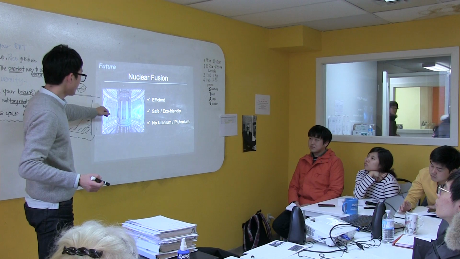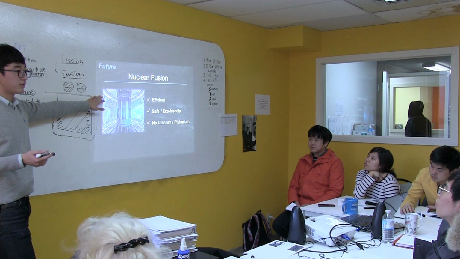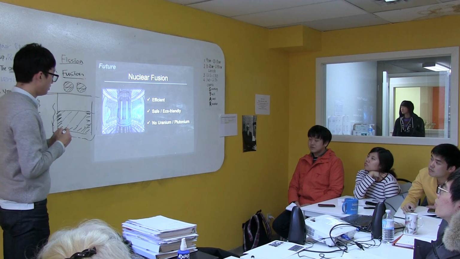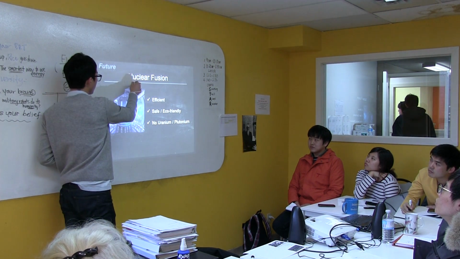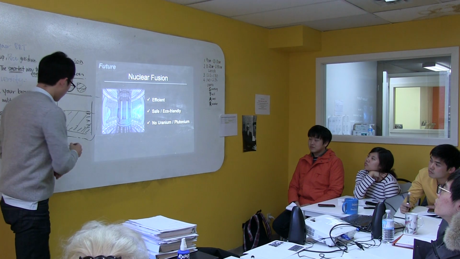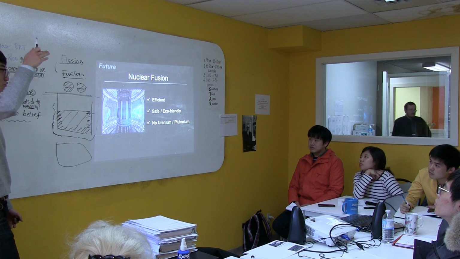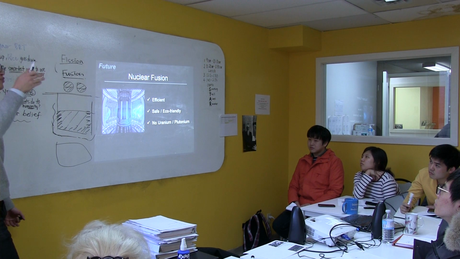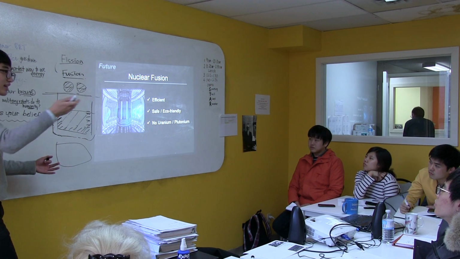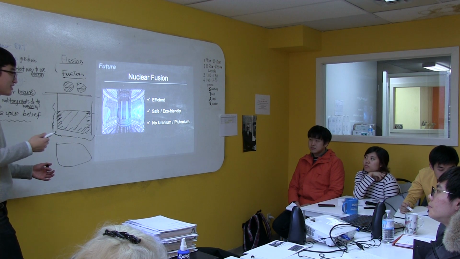Why is it really difficult to use? Because nuclear fusion can only happen in a special circumstance: super high temperature and super high pressure. Dennis said that in his lecture.